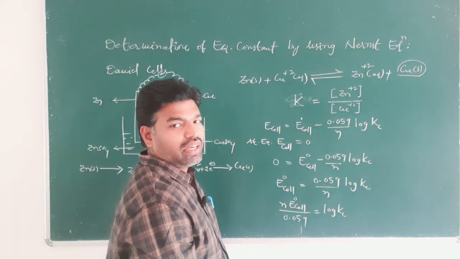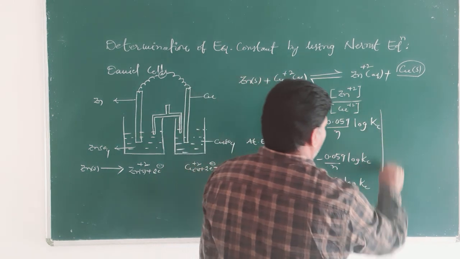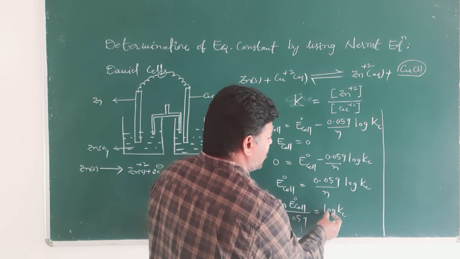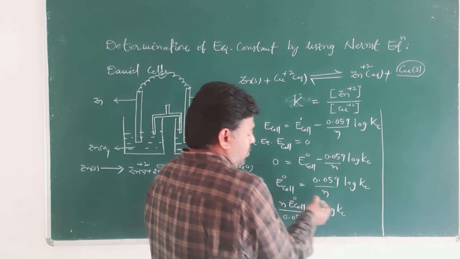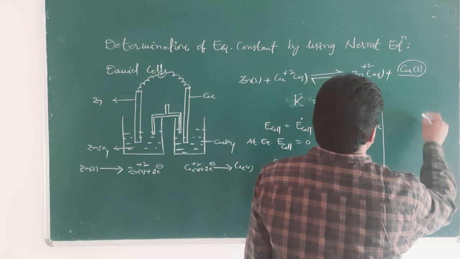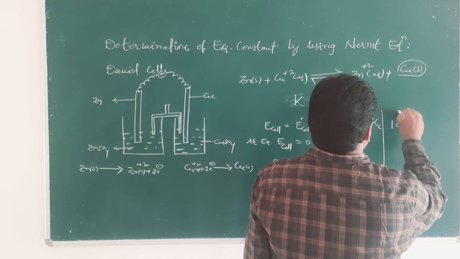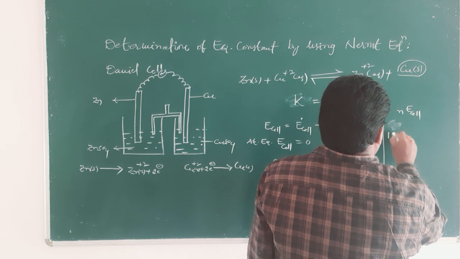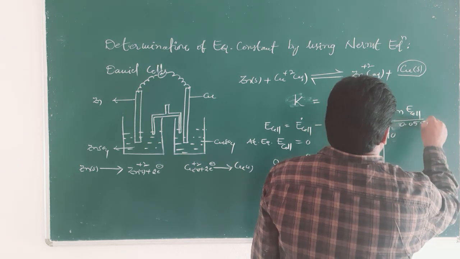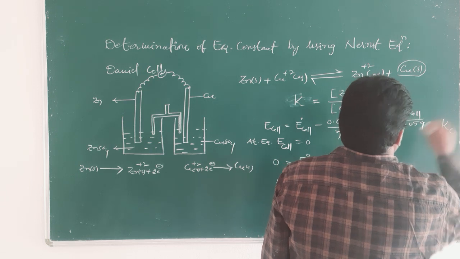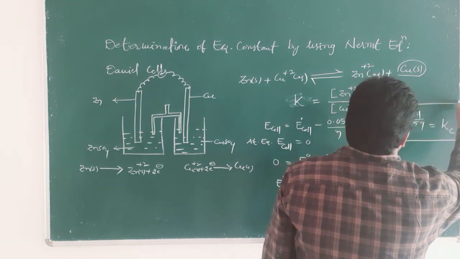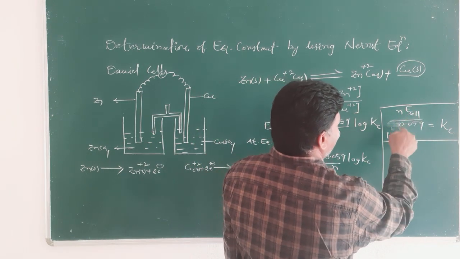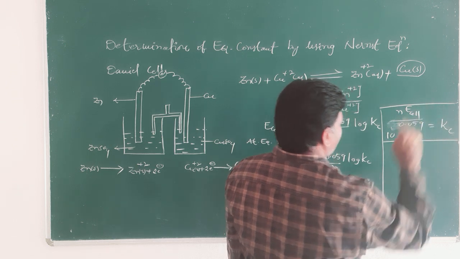Then we apply the antilogarithm to this side, so Kc is equal to 10 power n E naught cell by 0.059.